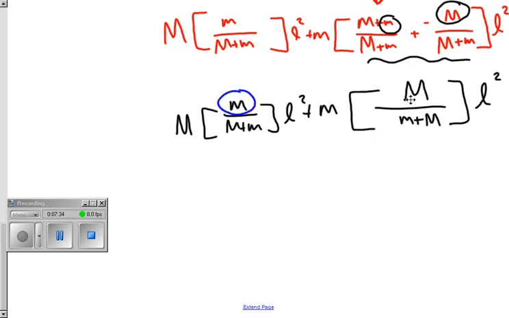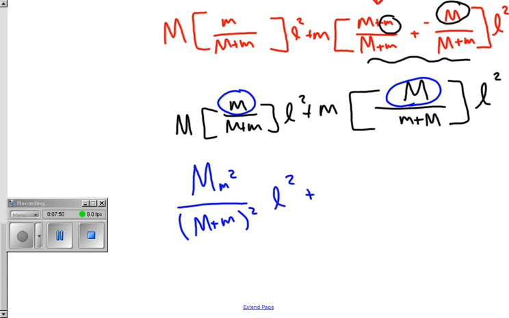This one is a little m, and this one is a capital M. So what we have here, then, if we simplify everything, we have big M times little m squared divided by (M plus m) squared, L squared, plus little m times big M squared over, again, well, let's write it the exact same way, L squared, and this is over (M plus m) squared.